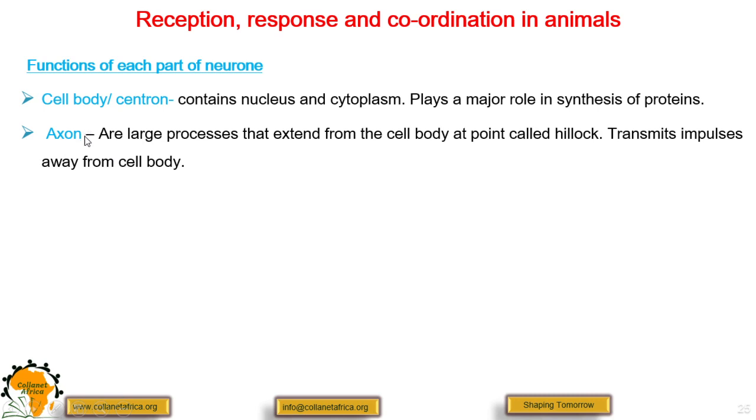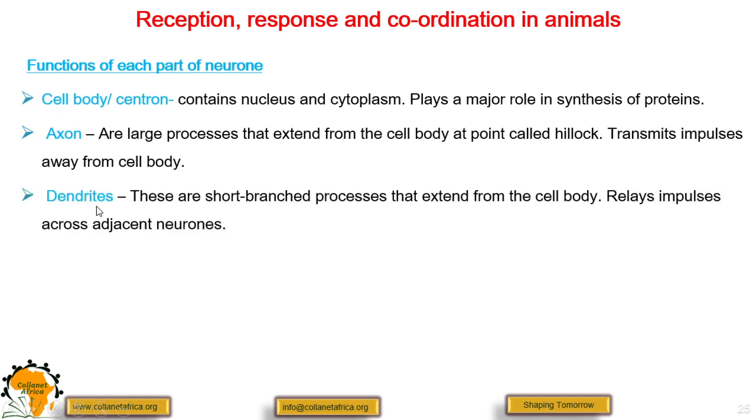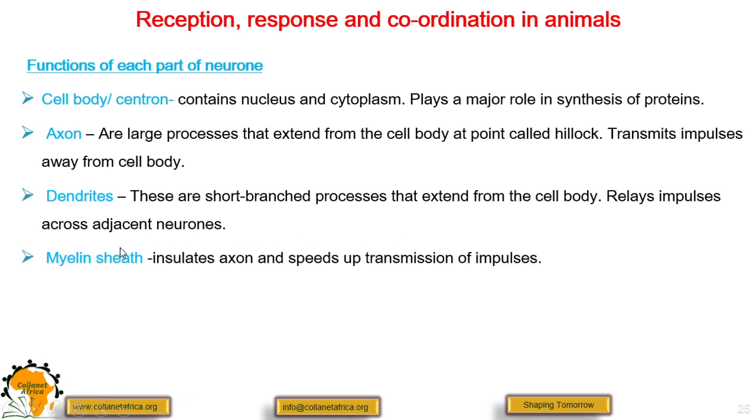The other part which projects from the cell body is the axon, and they are large processes that transmit impulses away from the cell body. We have dendrites, which are short branched projections extending from the cell body, and they relay or transport impulses across adjacent neurons, the following neurons.